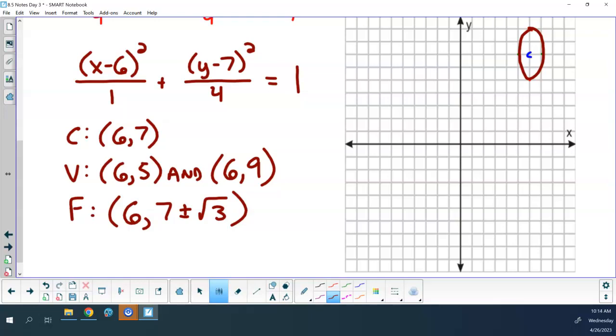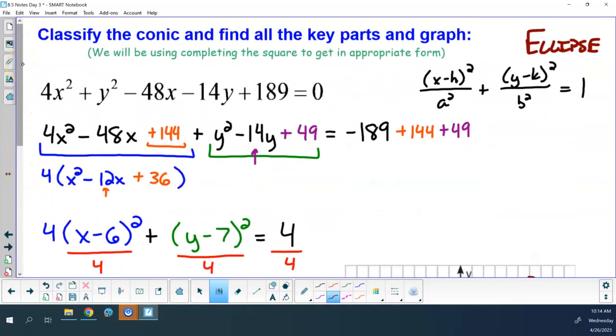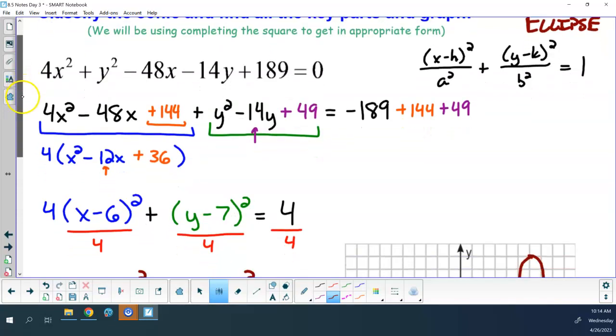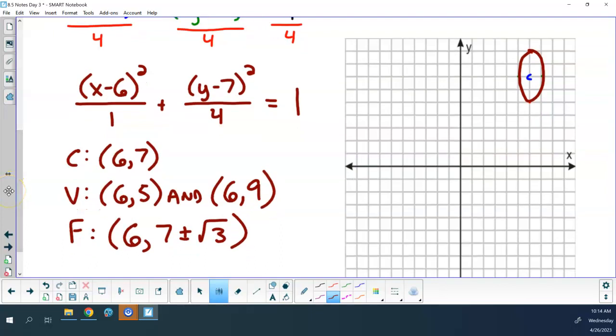Anything else? Nope. That's it. That's the 5 things that we needed, along with the graph. Based off of now, we're giving it to you in this form. Okay? So we're converting between forms of our conics and figuring out what's what.